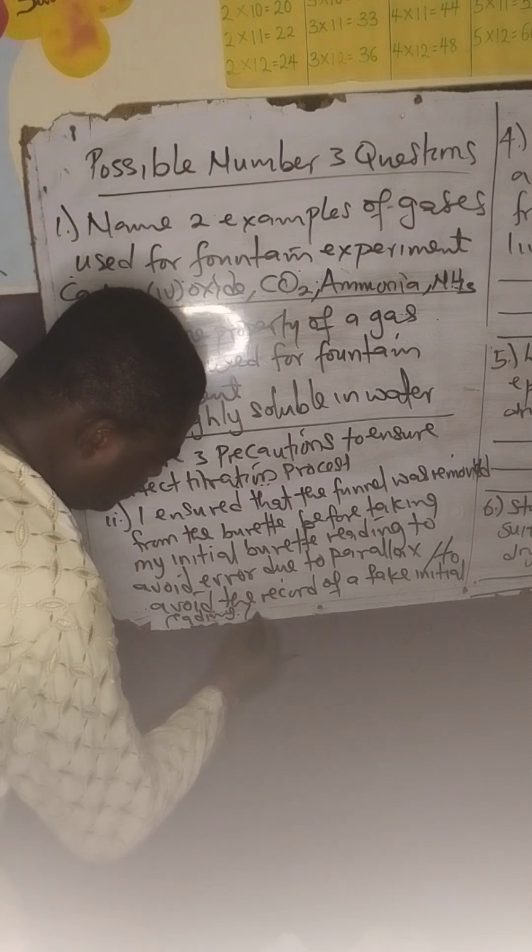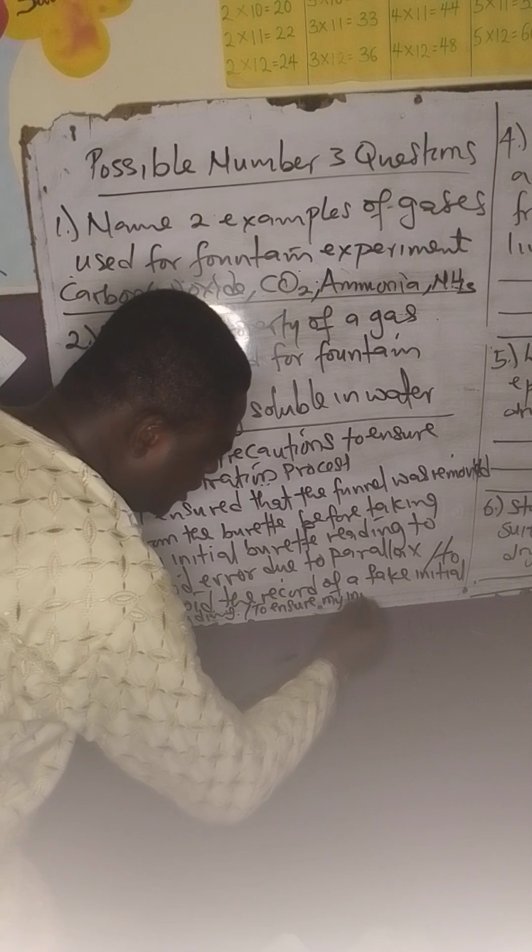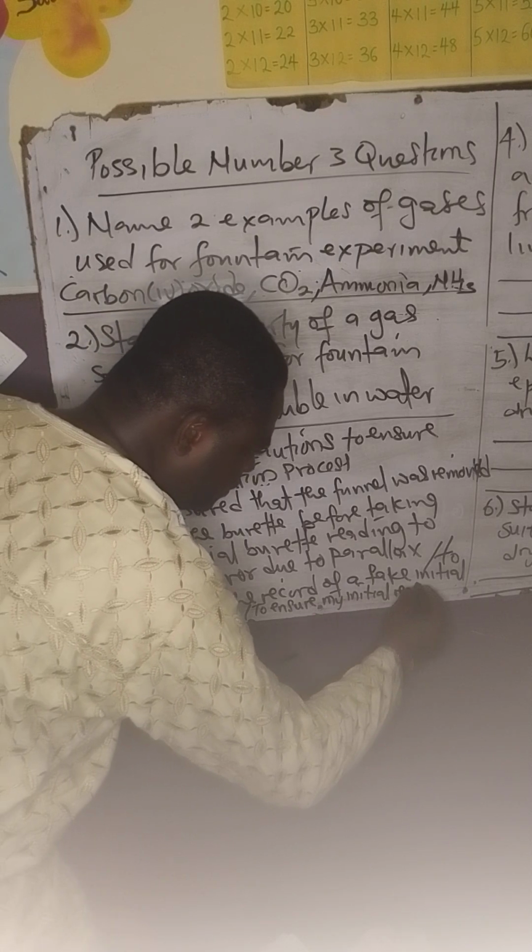So when you remove the funnel, you see that the liquid that was above 0 before will fall down to the normal meniscus. Or to ensure my initial reading was taken at meniscus. That's another one: to ensure my initial reading was taken at meniscus.